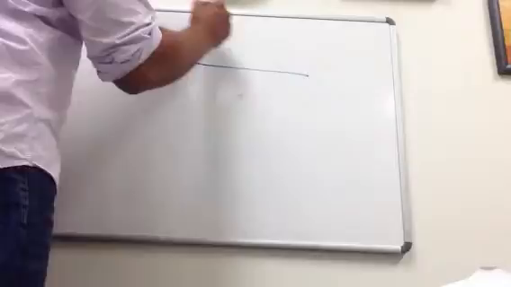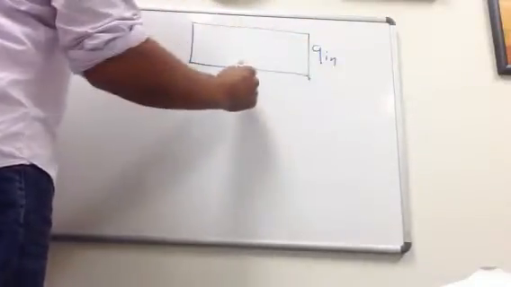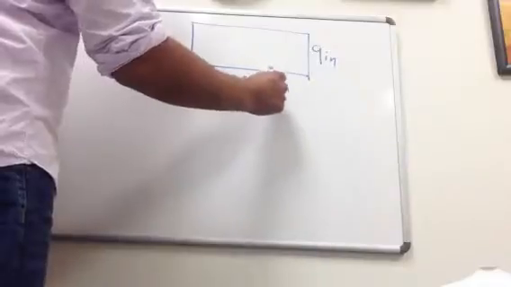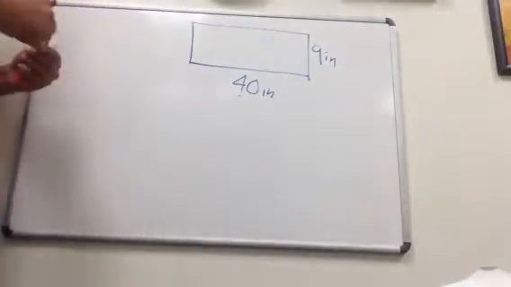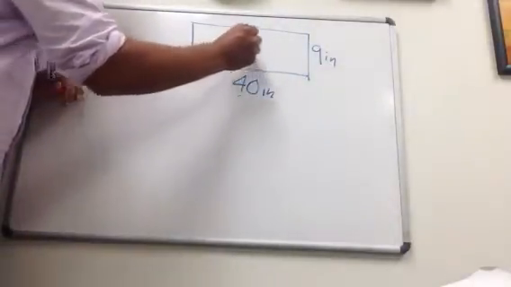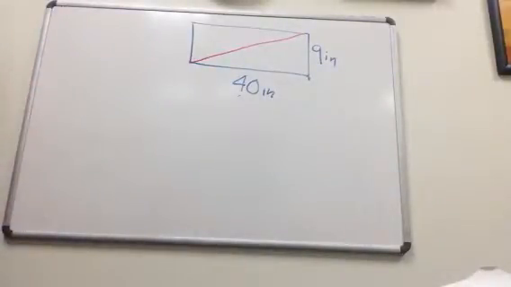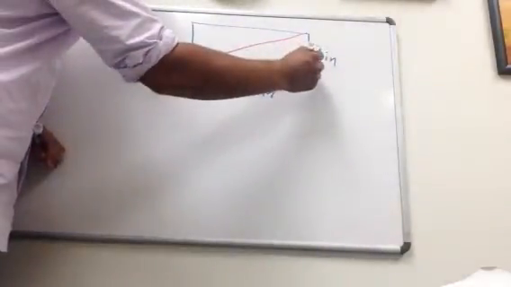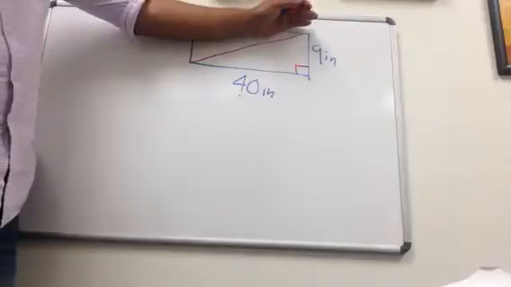So I'm going to draw it. I'm going to say this is 9 inches. This is 40 inches. And what they're asking is, what is the value of this diagonal? Okay? That's a diagonal. Well, if we look closely, I actually have a 90-degree triangle here.